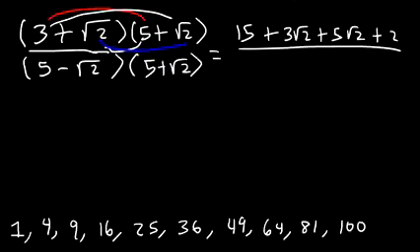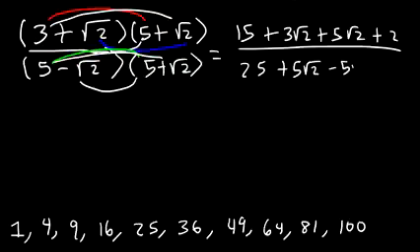On the bottom we have 5 times 5, which is 25. And then 5 times the square root of 2, and then 5 times negative square root 2. And finally, negative square root 2 times square root 2, which is just negative 2.